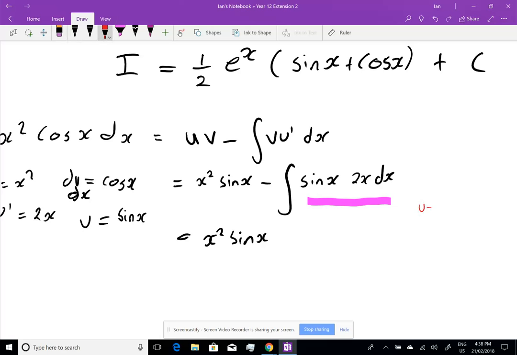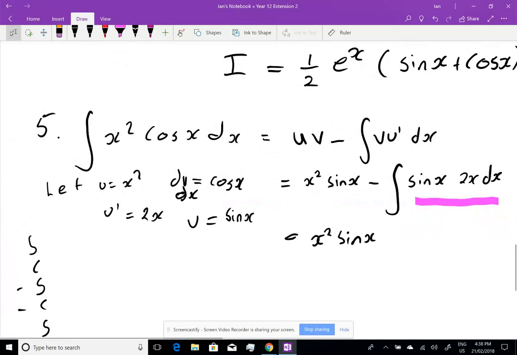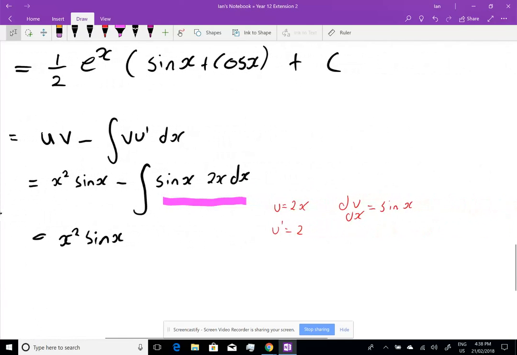So I'm going to get u equal 2x, u dash equals 2, dv dx equals sine x. Over here I've got my sine, cos, and the integral of sine is negative cos, so v equals negative cos x, and I do this bit now, so uv, and I put it all in brackets, uv, so 2x, what's v?